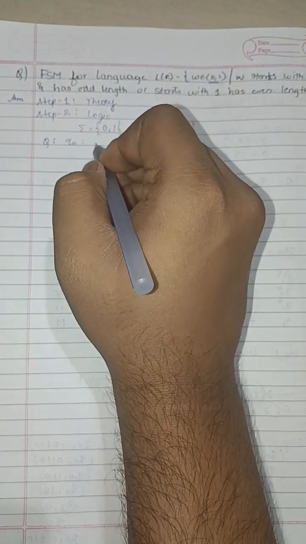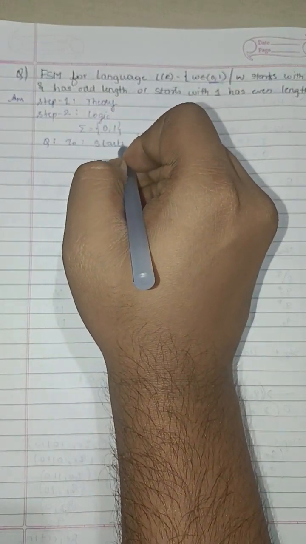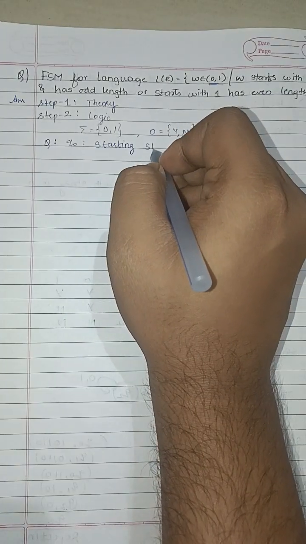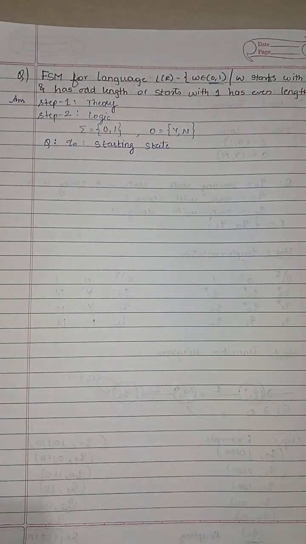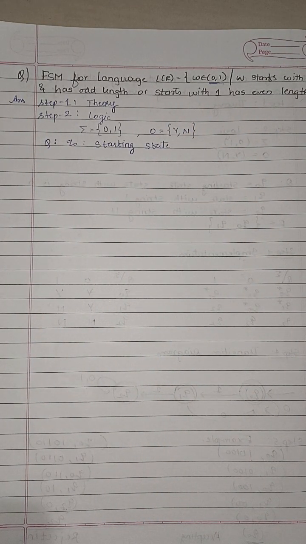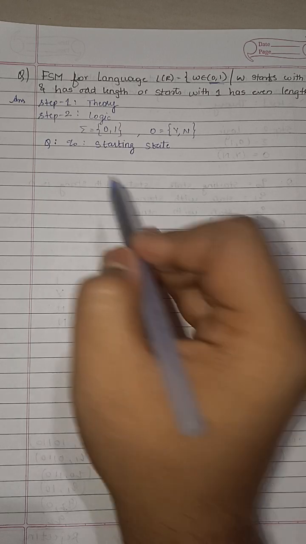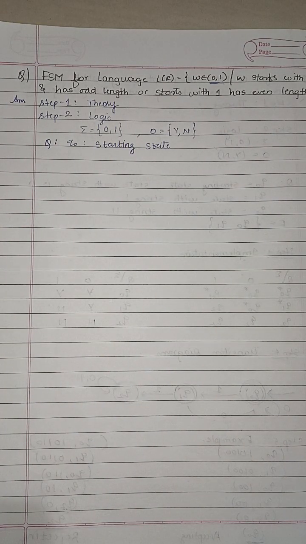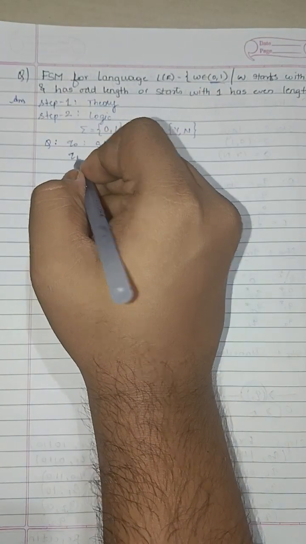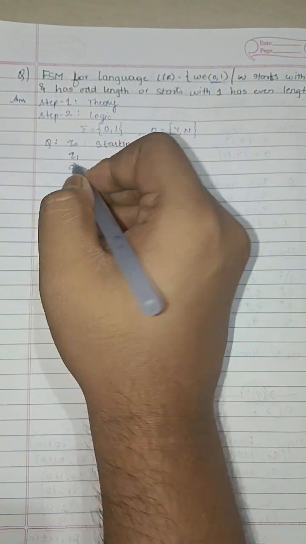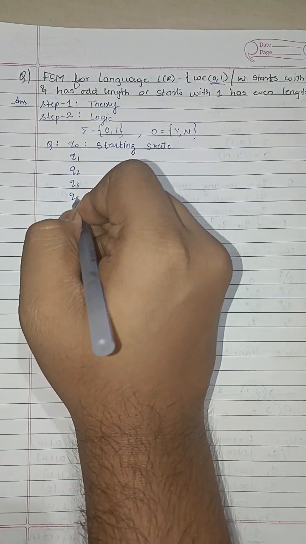Q0 is the starting state. In this type of sums we have to take 4 states, besides the starting state. Why am I showing you this? Q1, Q2, Q3, Q4.